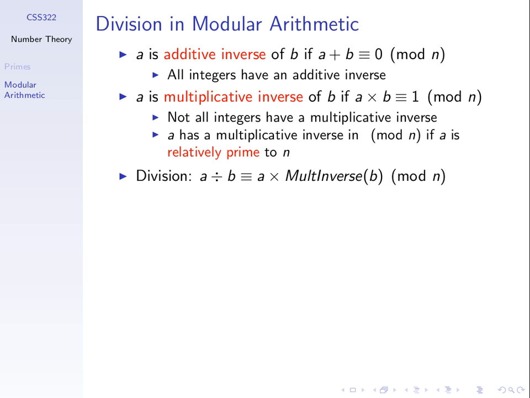Three and 5 are additive inverses of each other. All integers have an additive inverse in modular arithmetic. To perform subtraction, we will use the additive inverse, in the same way that we use the additive inverse in normal arithmetic.